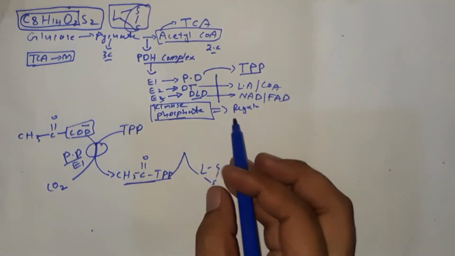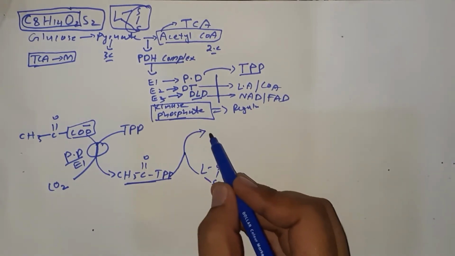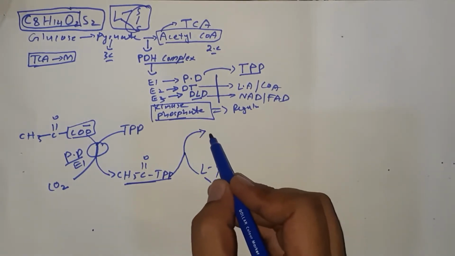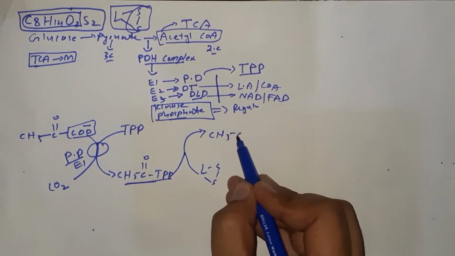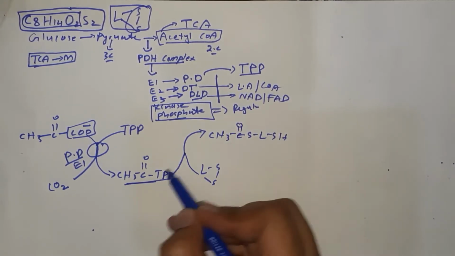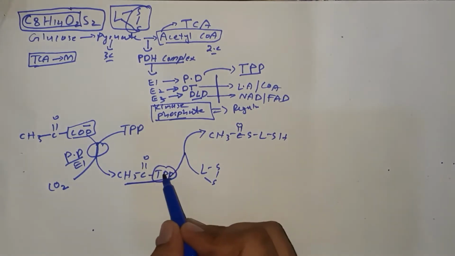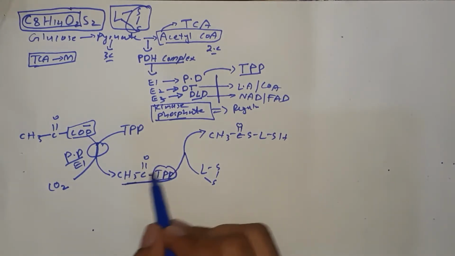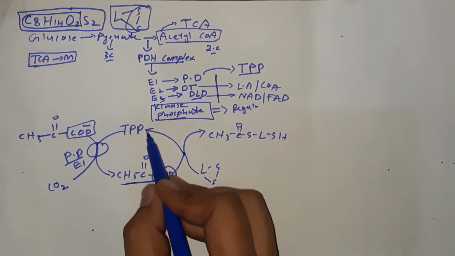Again, one more reaction occurs, and in this reaction one more intermediate is formed, which is CH3, C double bond oxygen, S-L-SH, and the thiamine pyrophosphate, which was bound with the earlier intermediate, is released or recycled here.